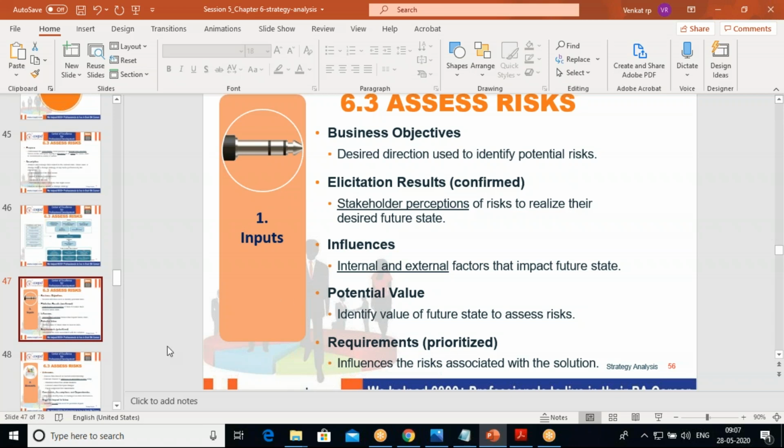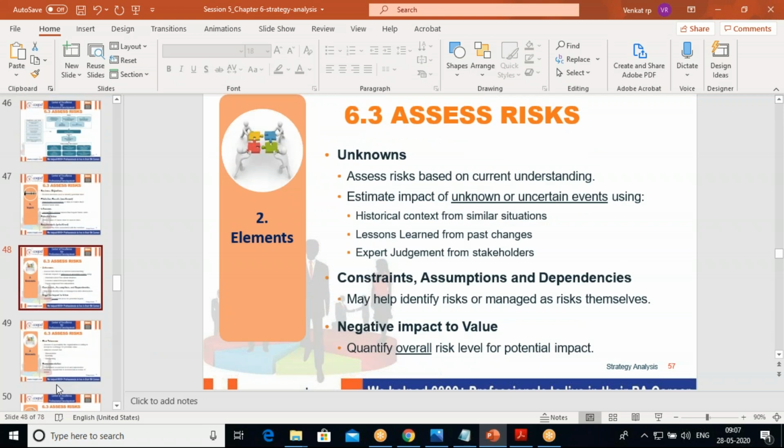Based on all this, then you'll assess the risks. And in risks, we have 5 elements. The first one is unknowns, and the second one is constraints, assumptions, and dependencies. The third one is negative impact to the value, and then we have risk tolerance, and then the recommendations.